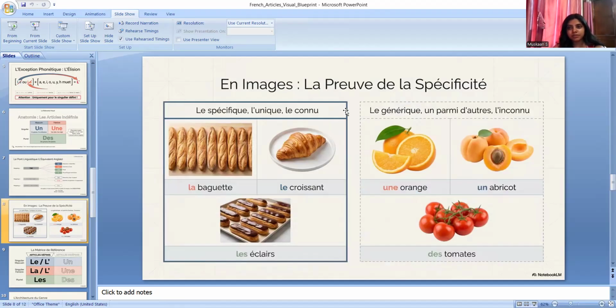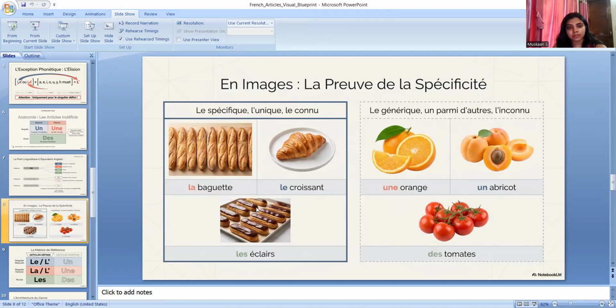Now there are just some examples. La preuve de la spécificité. Example of definite and indefinite articles: la preuve de la spécificité. Now these things are specified. Specific, unique, known. They are already known and it is always specified, and you already know this, I guess.